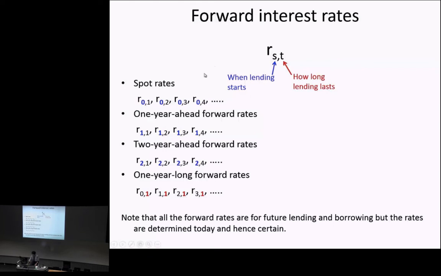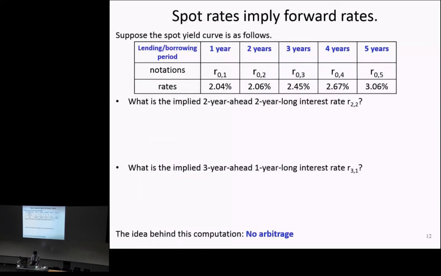But no problem. As long as you know all the spot rates, the other forward rates are theoretically derived from spot rates. As long as you know all the spot rates, you can immediately know forward rates. So now let me explain that. Let's say you know all the spot rates. Spot rates are interest rates for lending and borrowing that start on the spot. So the first subscript is equal to 0.